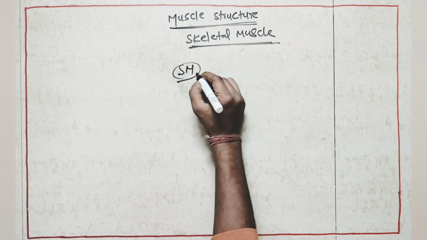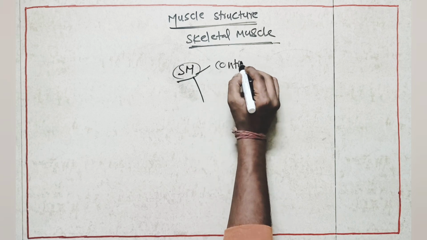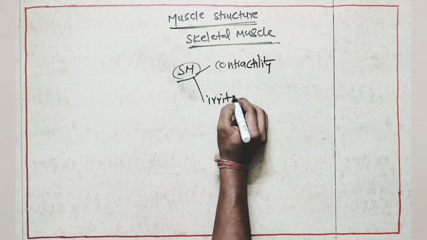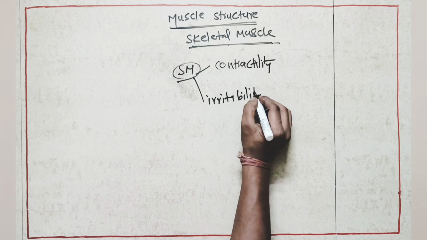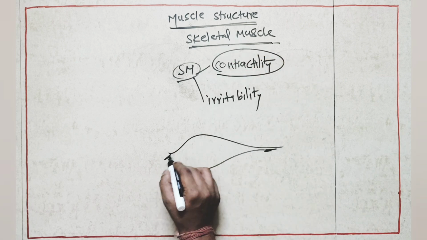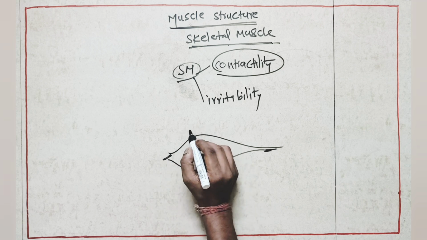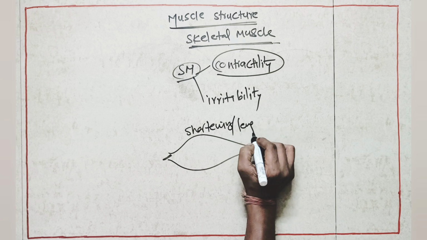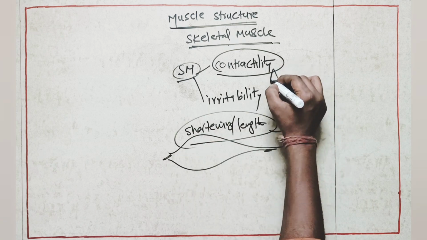Skeletal muscle has two properties. First one, contractility and irritability. So what do these properties mean? Contractility means the muscle will be able to go for either shortening or lengthening. That is nothing but contractility.